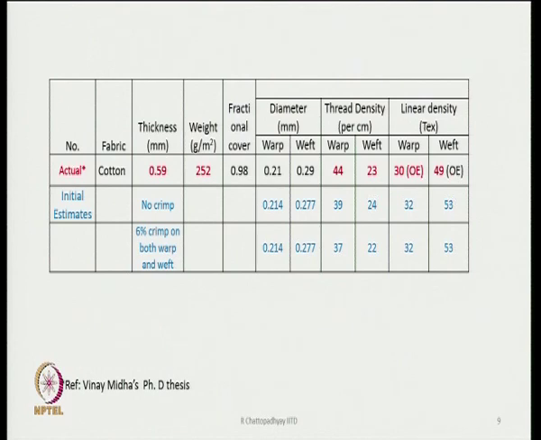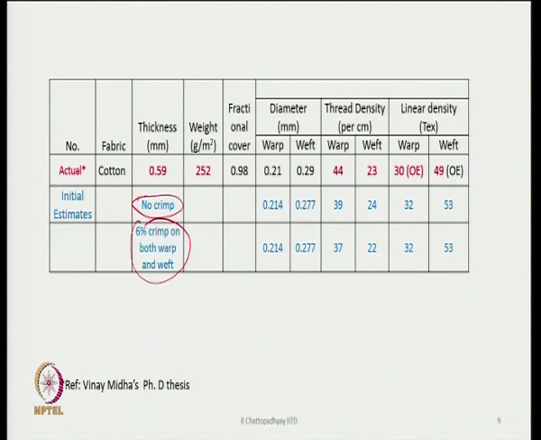These are the actual values used to make this fabric, and we compare them with the calculation made under two assumptions, no crimp and 6% crimp. Especially the thread density and linear density are what we require in order to produce the fabric.